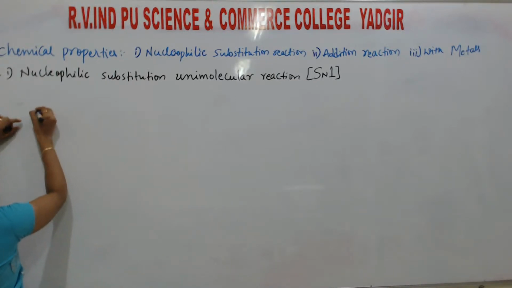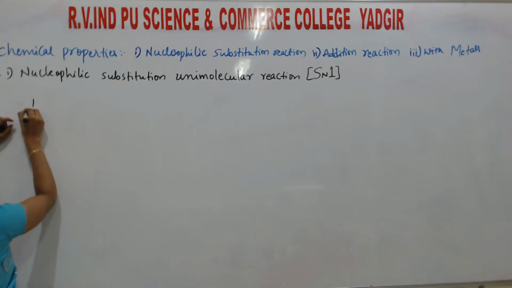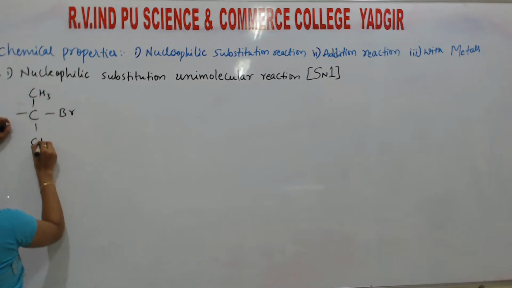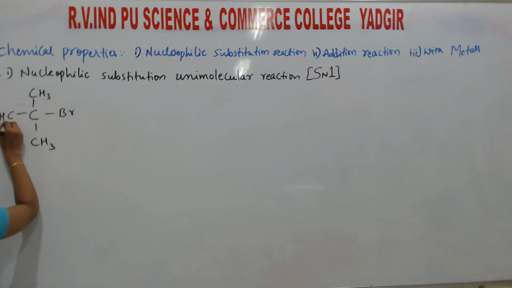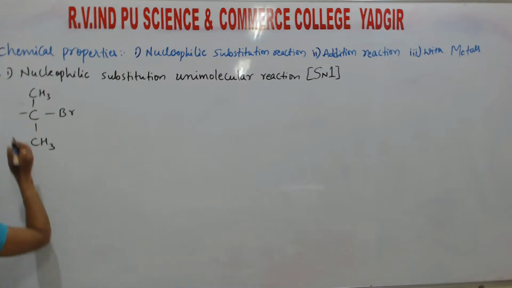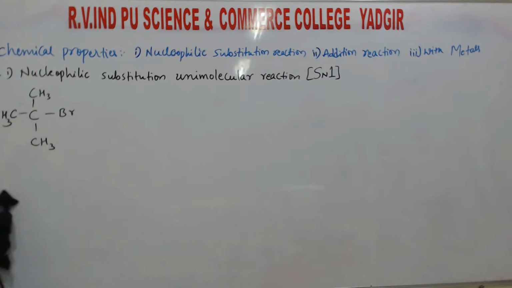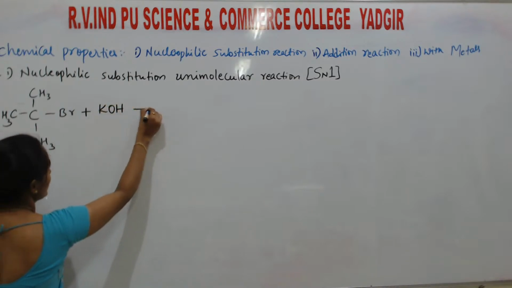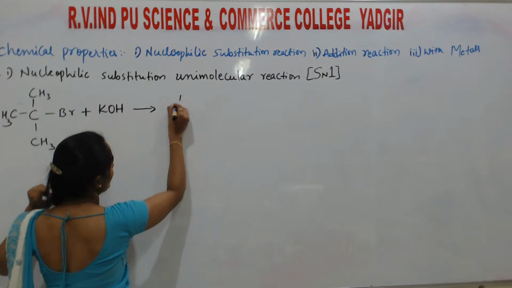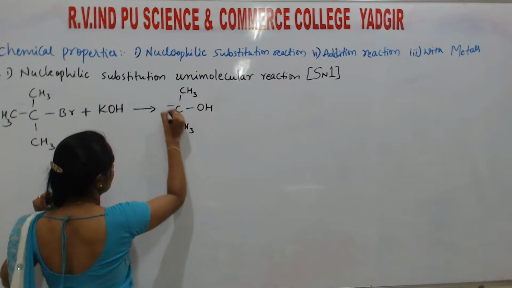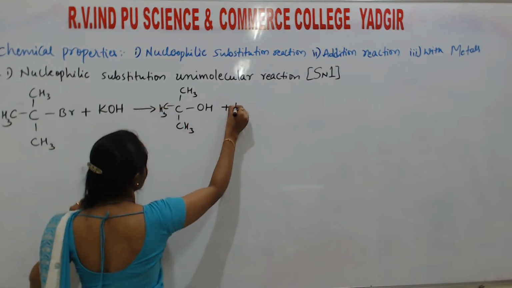I will consider tertiary butyl bromide. When this tertiary butyl bromide reacts with KOH, it forms tertiary butyl alcohol plus KBr.